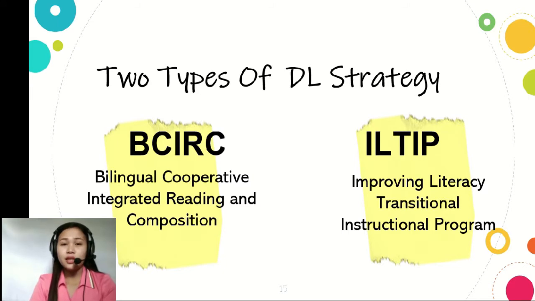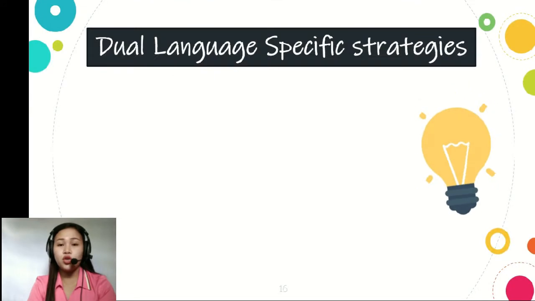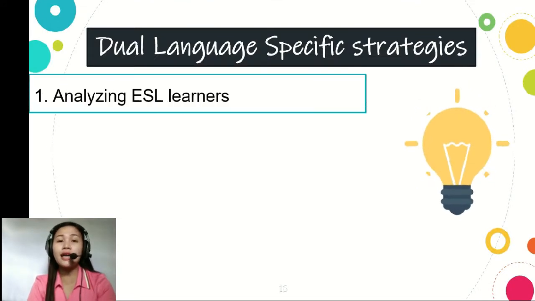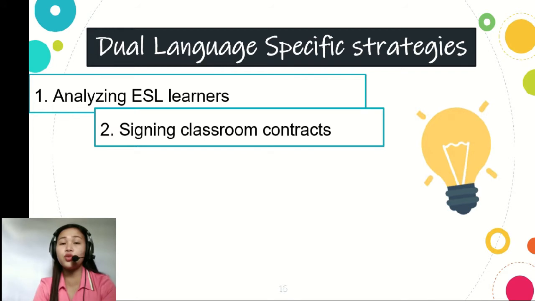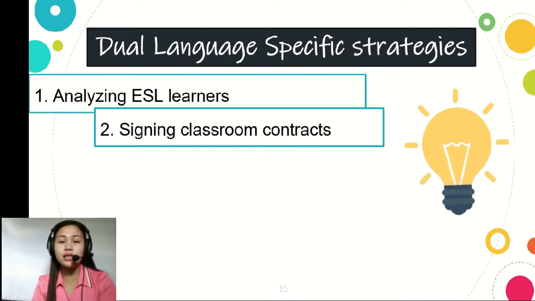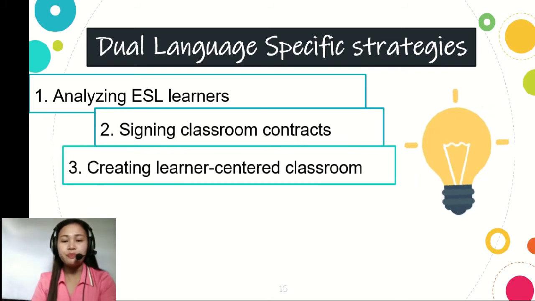Now let's take a look at the specific strategies in dual language teaching. First is analyzing characteristics of second language learners. Second is signing classroom contracts or agreements to build the language learners' expectation towards independence.